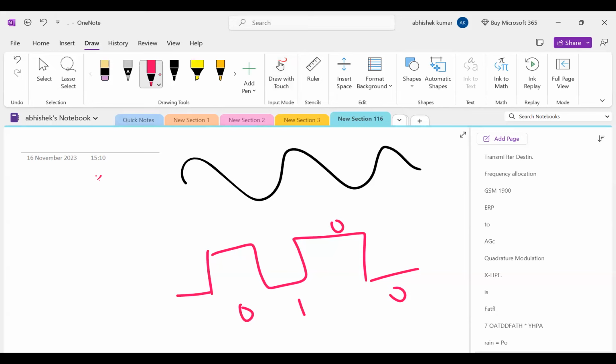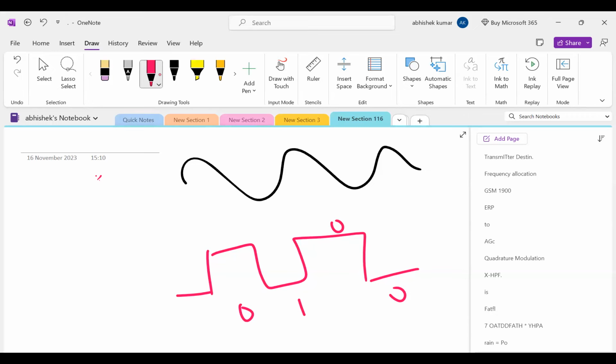Now you can observe page number 17. On page number 17 you will see the result, signal distortion.